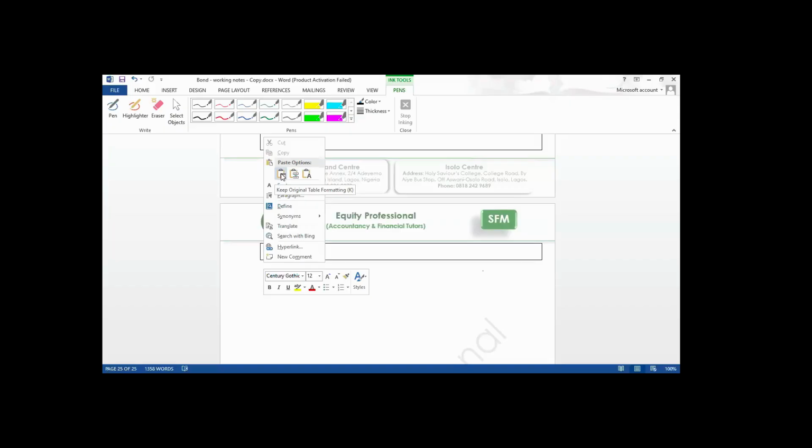Please, just 1 minute. I'm trying to expand. We are trying to expand the margin. Please, just 1 minute.